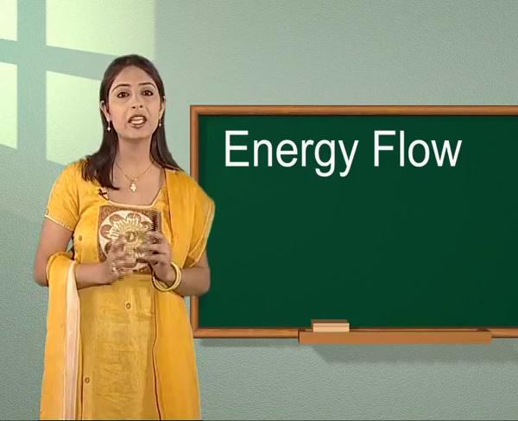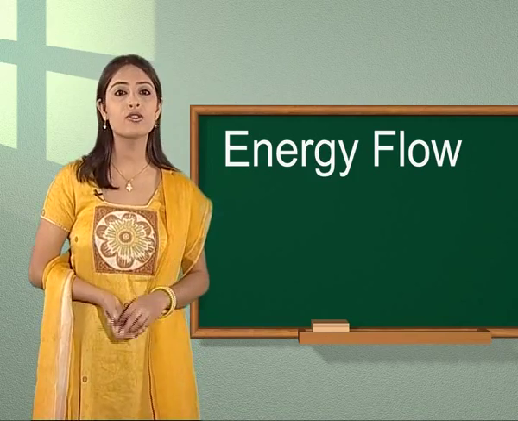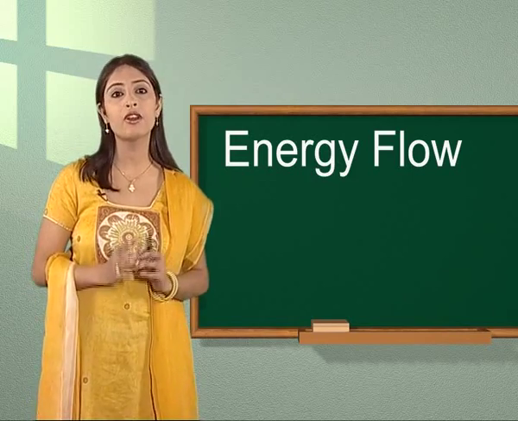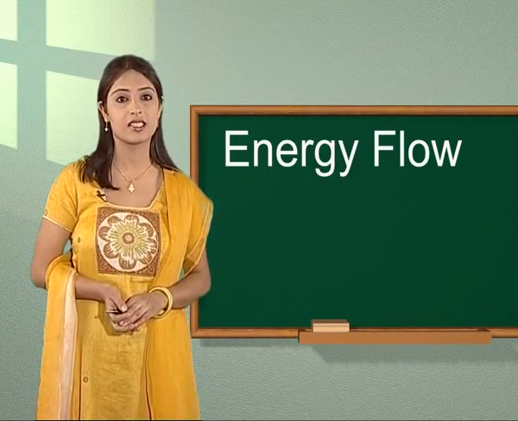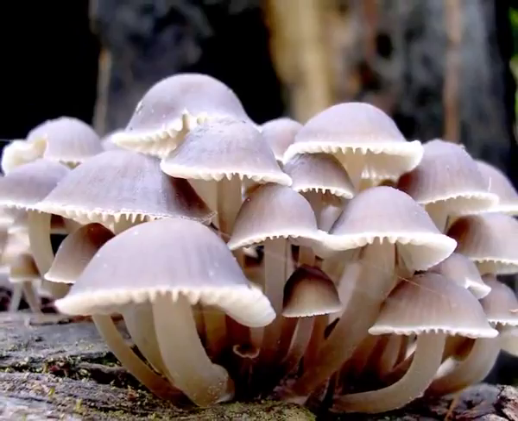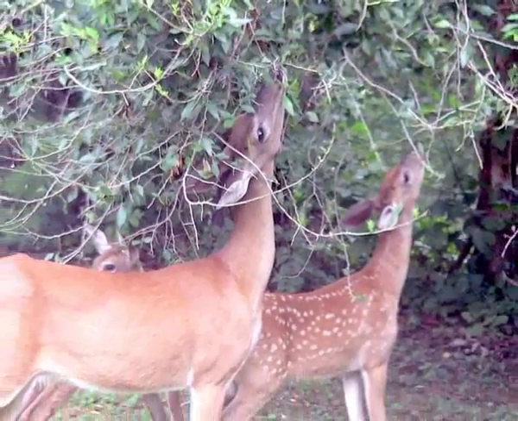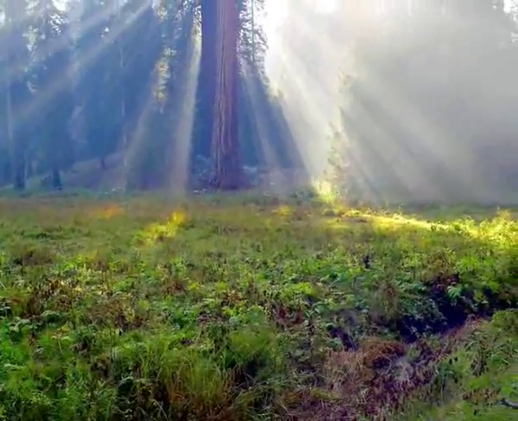So it is very important to know how the solar energy captured by plants flows through different organisms of an ecosystem. All organisms are dependent for their food on producers either directly or indirectly.